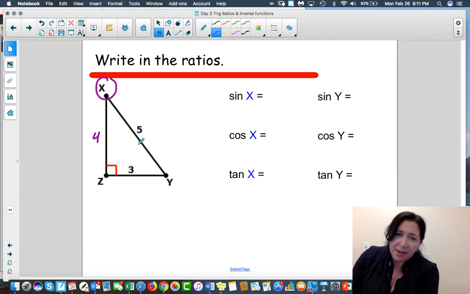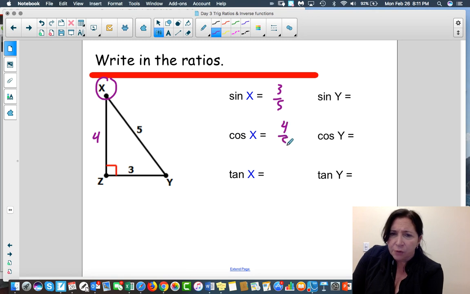So let's say you did that. Sine of x is opposite over hypotenuse, so that's 3 over 5. Cosine of x is the adjacent side over the hypotenuse, so that's 4 over 5. And tangent of x is opposite over adjacent, which is 3 over 4.